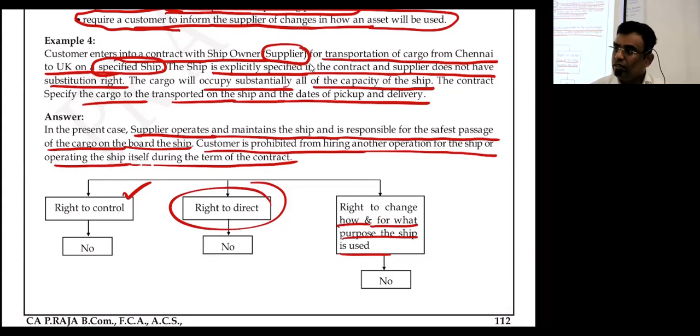Control, where to stop, which route to take. Yes or no? But one more condition will not be satisfied: rights to change how and for what purpose it should be used.